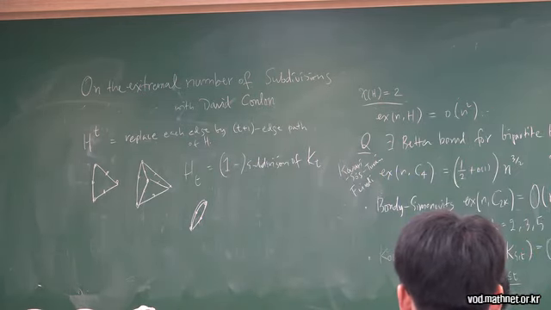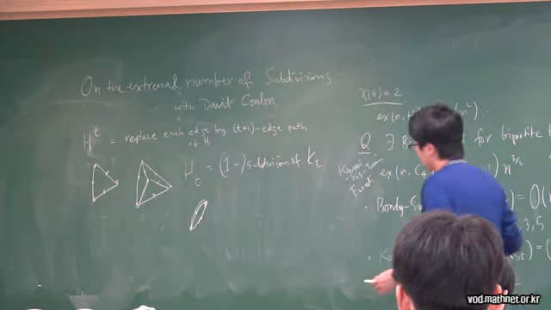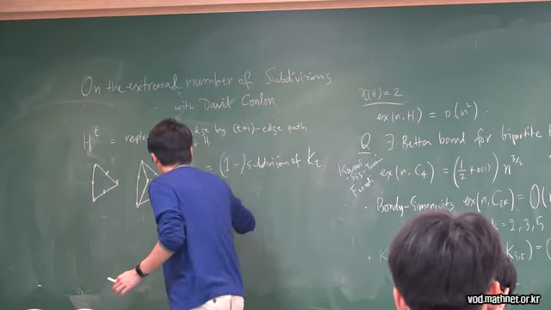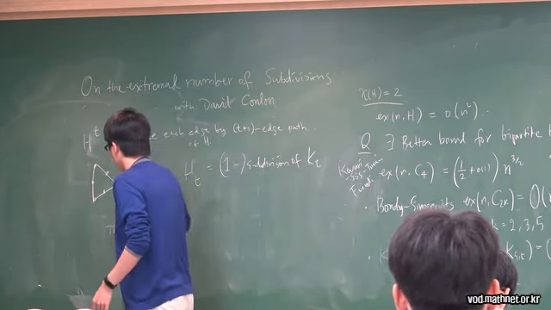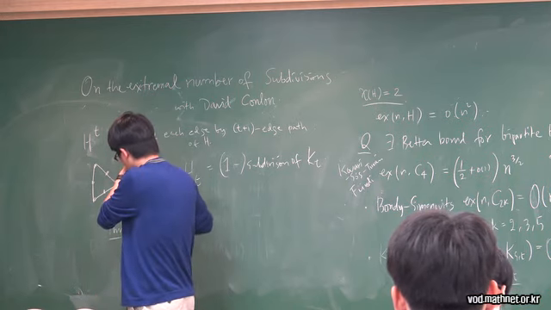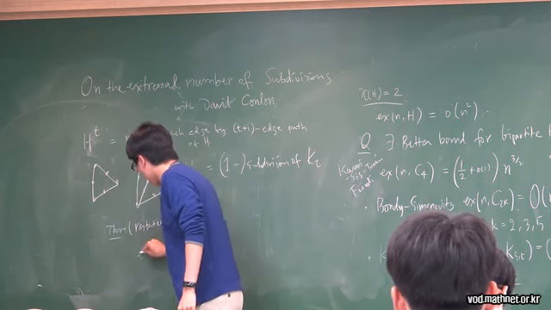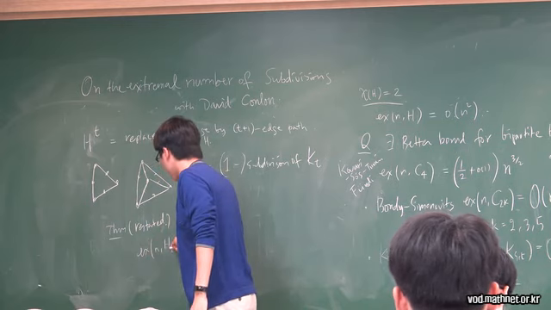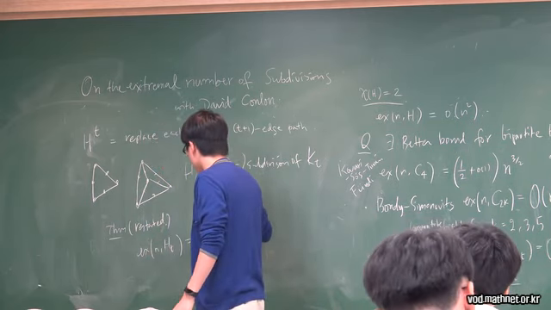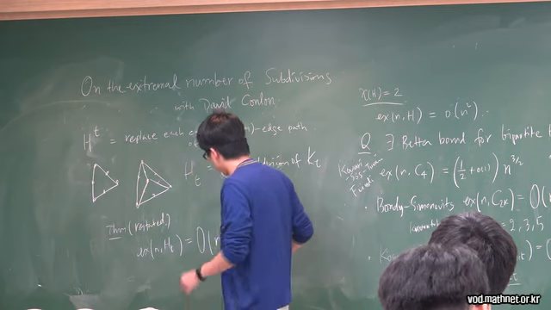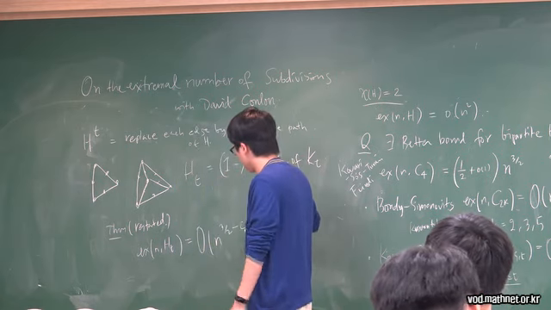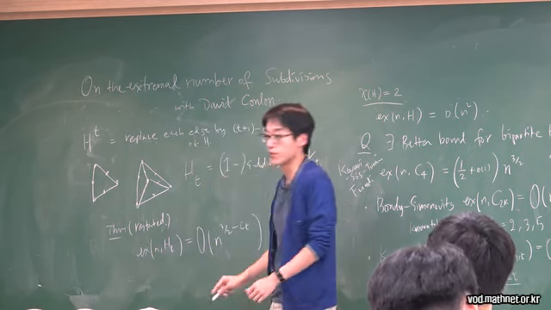So another way to look at this theorem, restated, is the extremal number of H_t is at most n to the 3/2 minus some small constant.